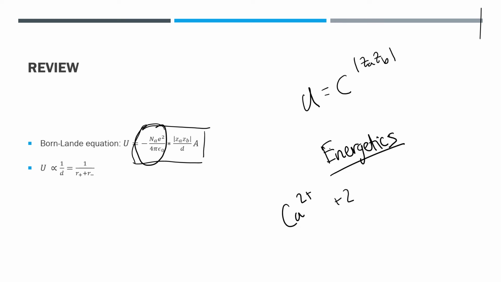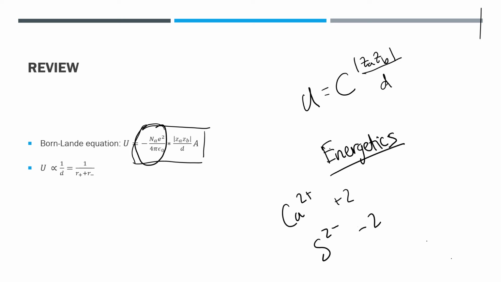If I had S2 minus, the Z would be minus 2. So it tells us the charge. So I have a constant times the product of these charges divided by the distance times some A. And this A is a constant that is determined by the type of lattice you have. So I can combine this A and the C, and I'm just going to call this one big C.